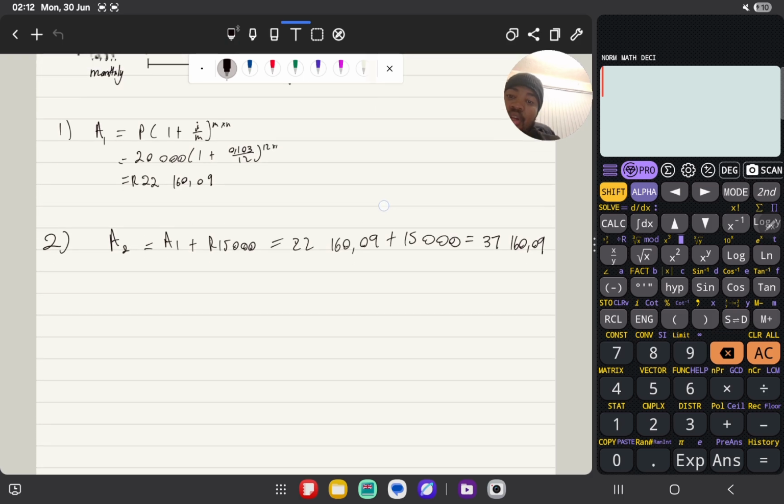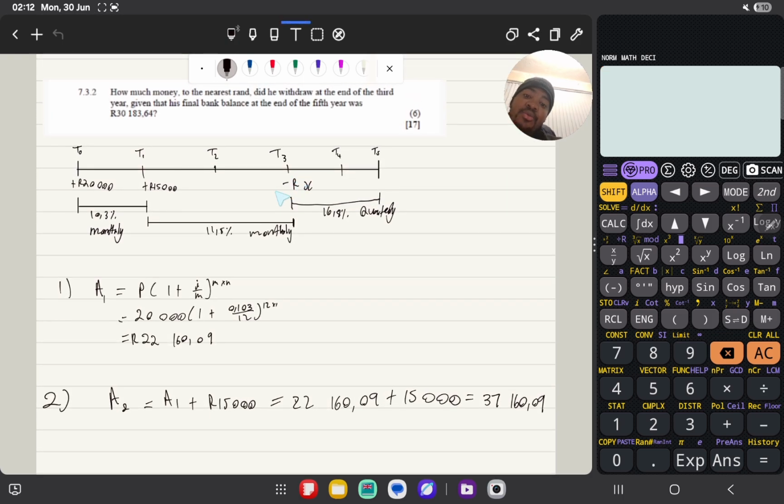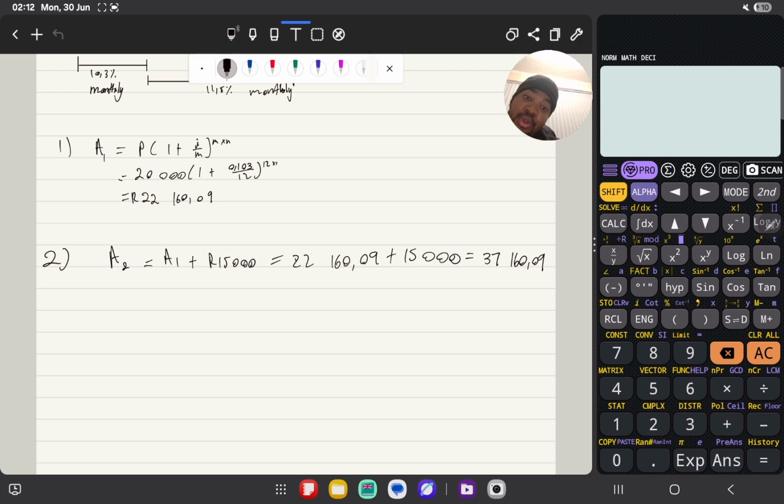So now we're going to take this amount and see how much we will have if this money is invested, how much we will have at the end of year three before the withdrawal.